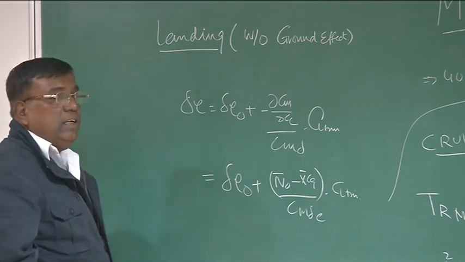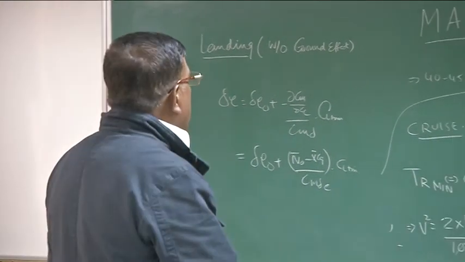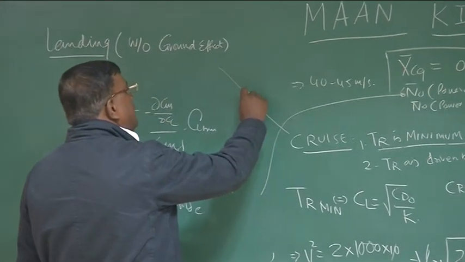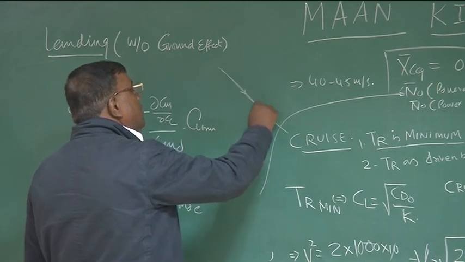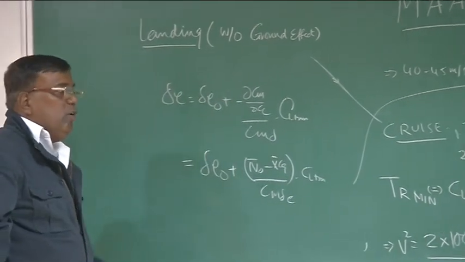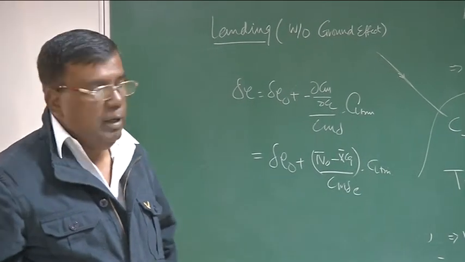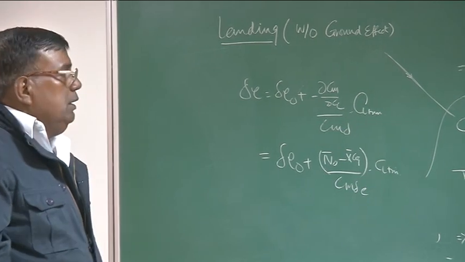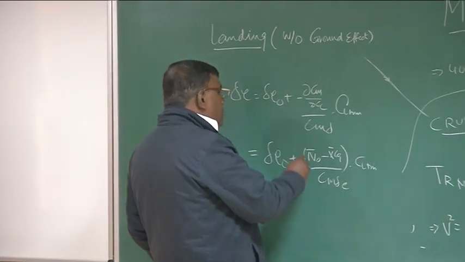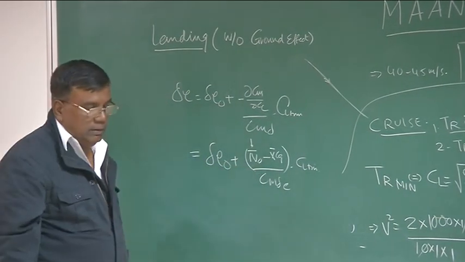So what will be the CL trim required for coming for landing? That will be governed by the same equation; it just follows a rectilinear path. So it will be the way we solve for climb, the same equation will come. So you can easily find out CL trim. The only point is what N naught I should take. I'll come back to this.